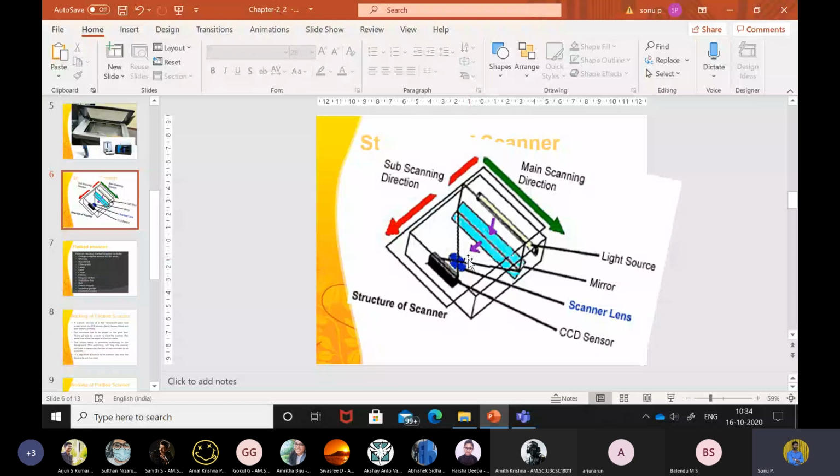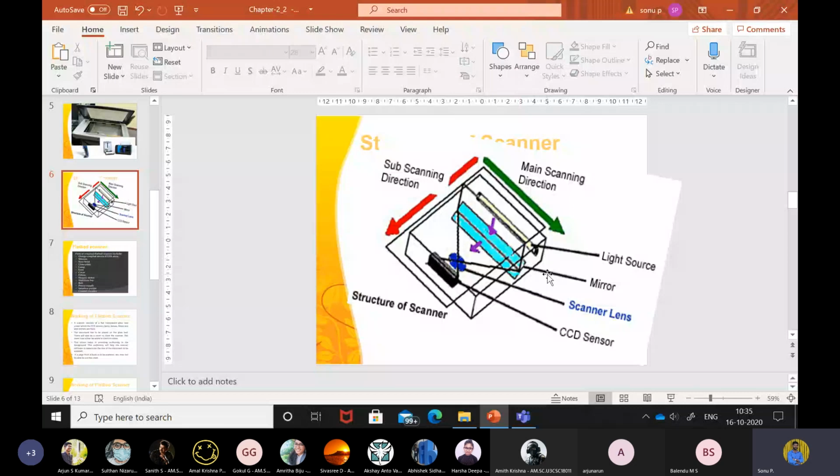The light source attached to the moving head sends light onto the document placed on the flatbed, and the reflected light is given to the mirrors. There can be many mirrors, mainly 3 types.